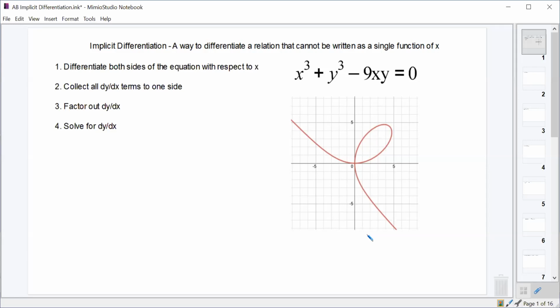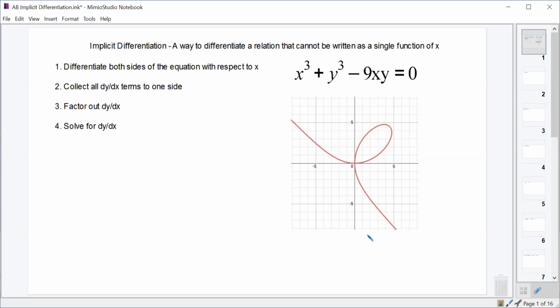The method we're going to use for that, when our equation is not explicitly written as y equals a function of x, is called implicit differentiation. The way we do that is we just differentiate both sides of the equation with respect to x.